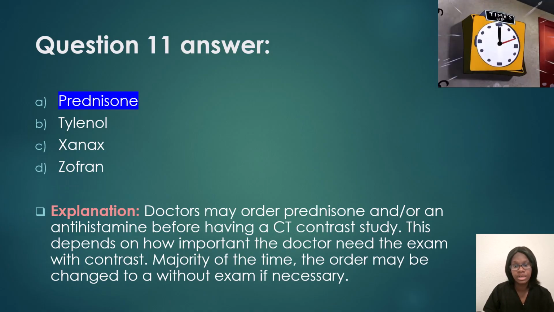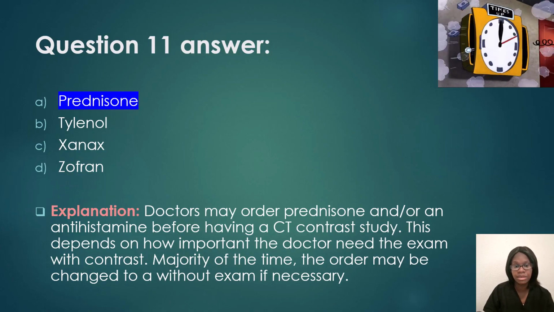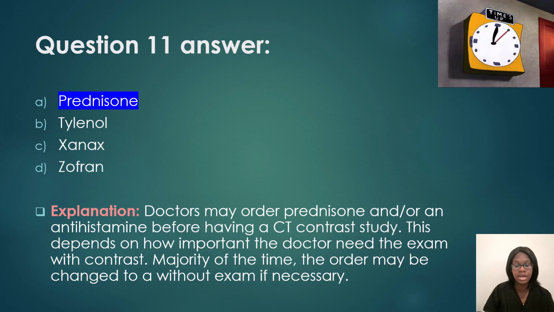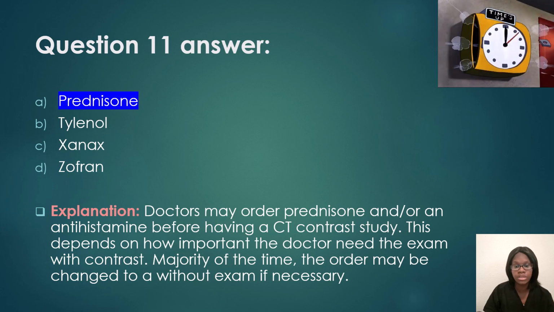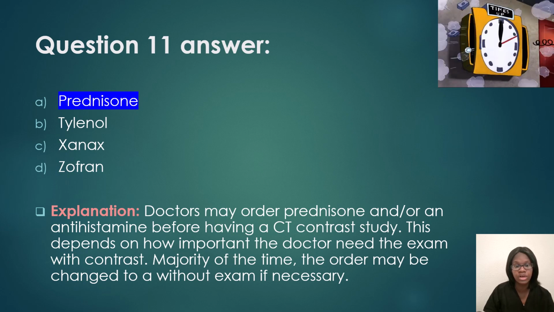Doctors may order prednisone and or an antihistamine before having a CT contrast study done on a patient. This depends on how important the doctor needs the exam with contrast.